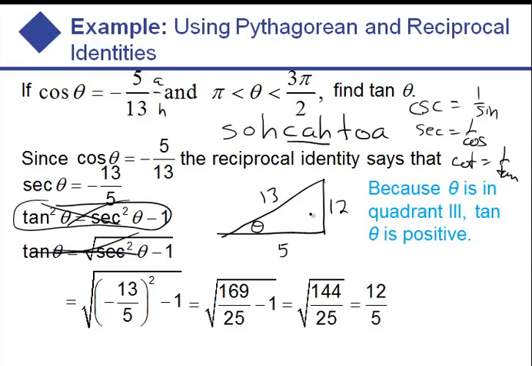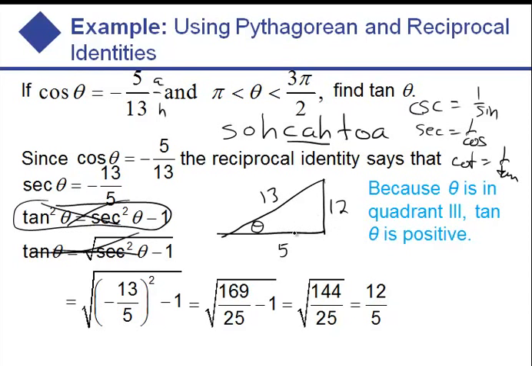It's a 5, 12, 13. And now we know every single trig function, because sine of theta, opposite over hypotenuse, is 12 over 13. Tangent, opposite over adjacent, is 12 over 5. And then these are just 1 over them. If sine was 12 over 13, then cosecant is the reciprocal, 13 over 12, etc. You get the idea.